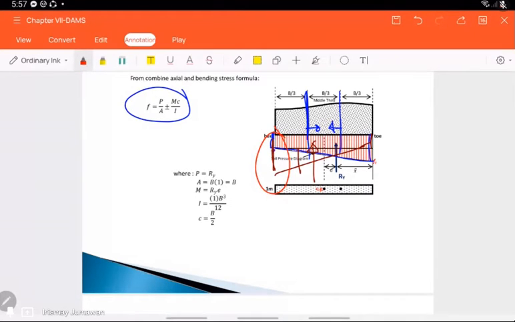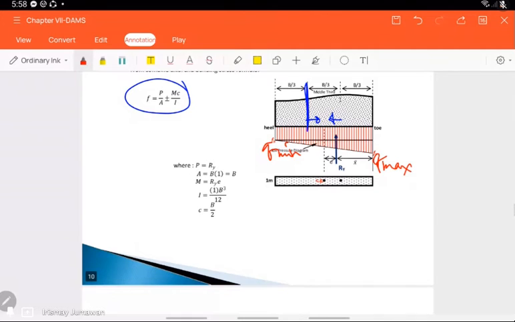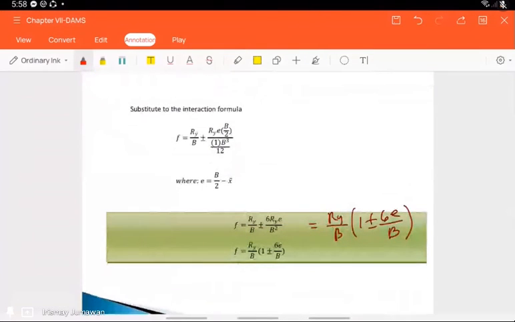That is the stress for positive. Going back to the figure, this is positive, this is Q max, and this is Q minimum. So the positive is Q maximum, and the minimum is the negative.